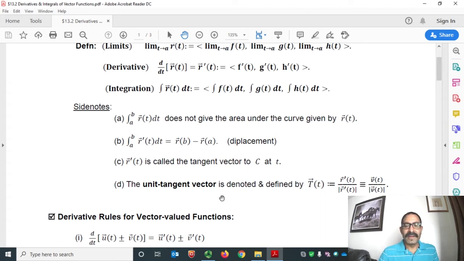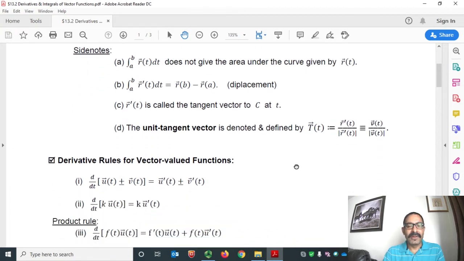The unit tangent vector is denoted and defined by the vector uppercase T equals the tangent vector r prime(t) divided by its magnitude, which is simply the velocity over speed.